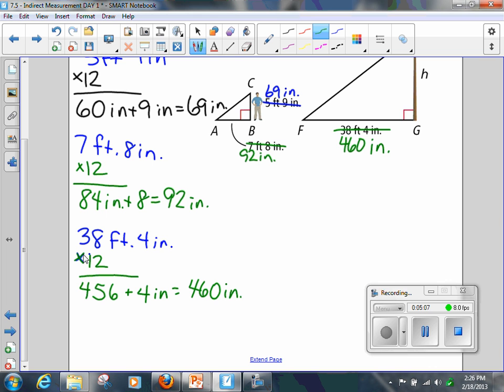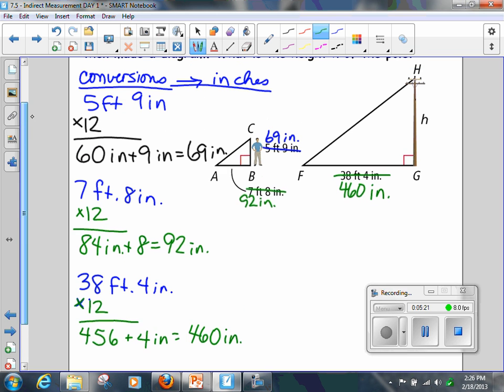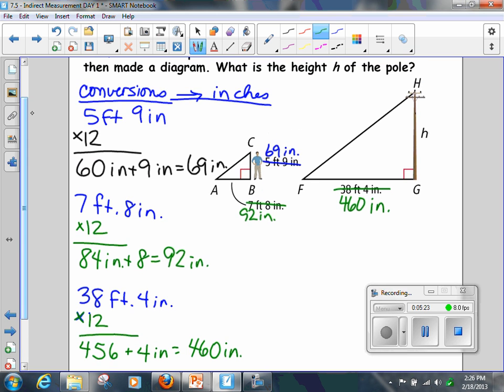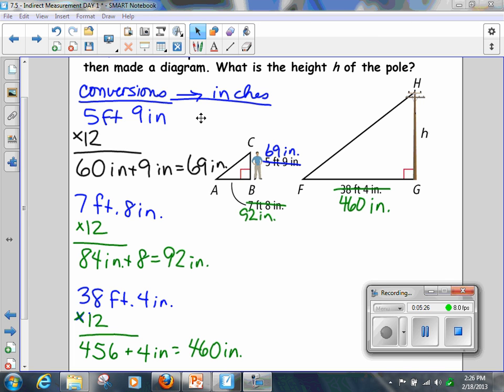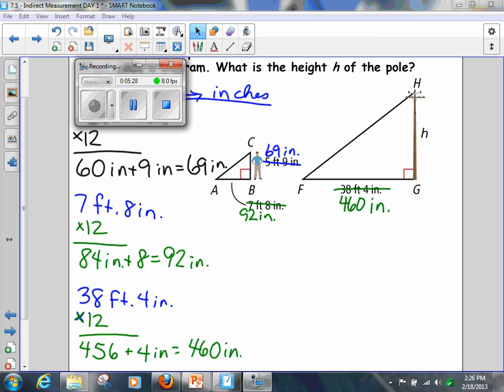Now, am I ready to set this proportion up? This part's the easy part, though this is the very tedious part. Takes us into a lot of details, okay? But if we get ready and we're going to set up our proportion, then how am I going to set this up?